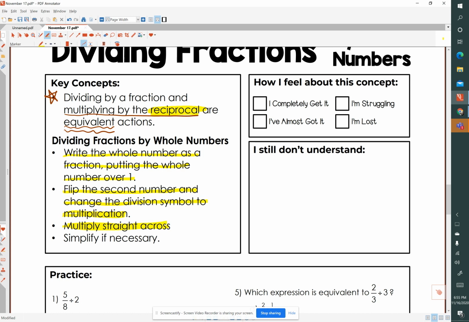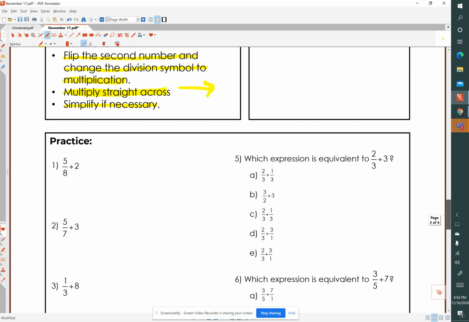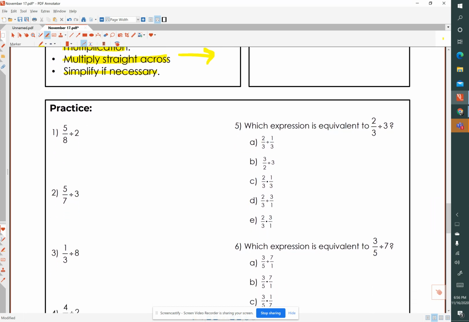We are multiplying straight across from left to right. And if necessary, we will simplify. But remember, we cross-simplify sometimes earlier in the problem, which means that often when we get to the answer of the problem, the answer is already simplified. So we'll have some examples like that today.